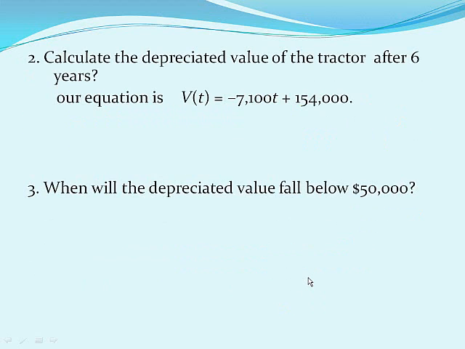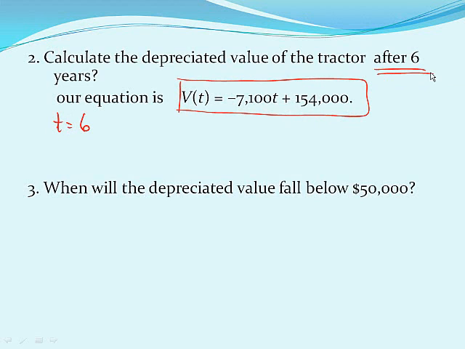Part 2. Calculate the depreciated value of the tractor after 6 years. We already have the equation for the model. Value equals negative 7,100 times t plus 154,000. Now the t value is equal to 6.